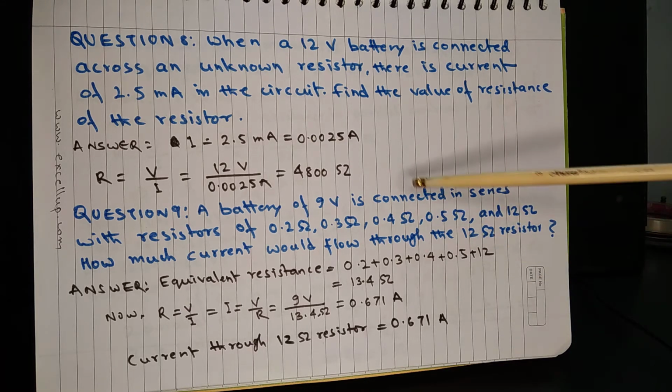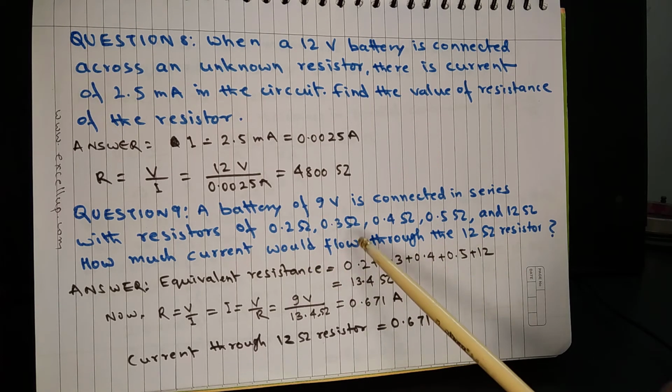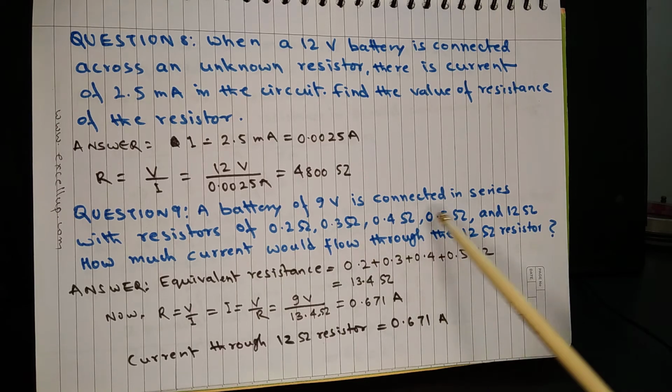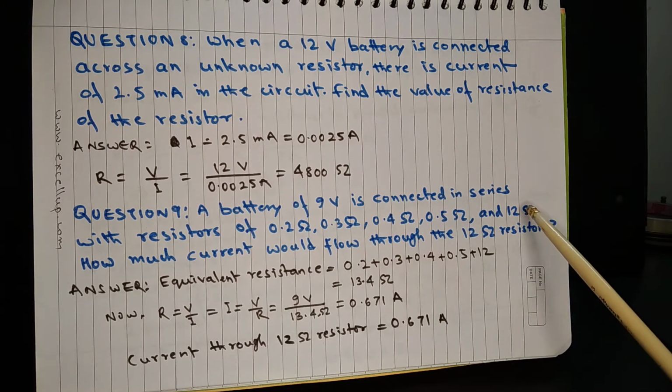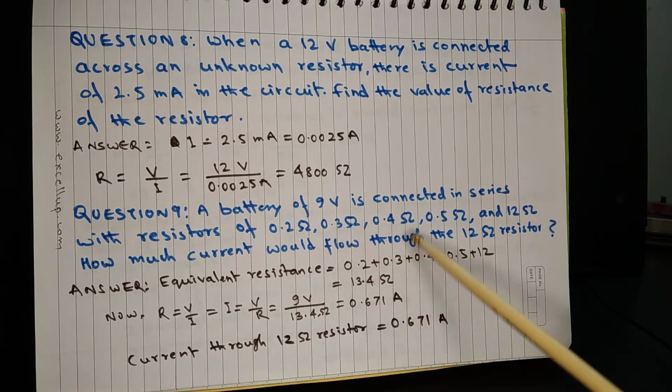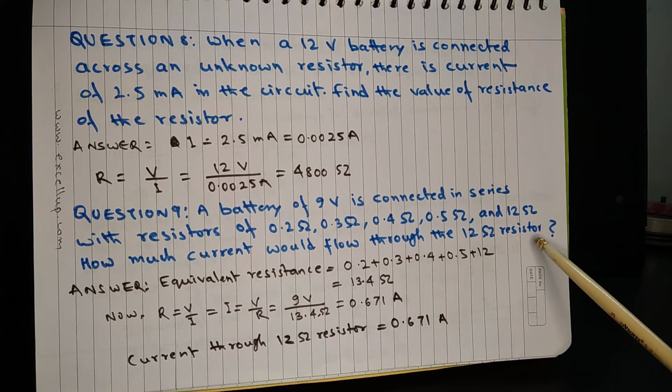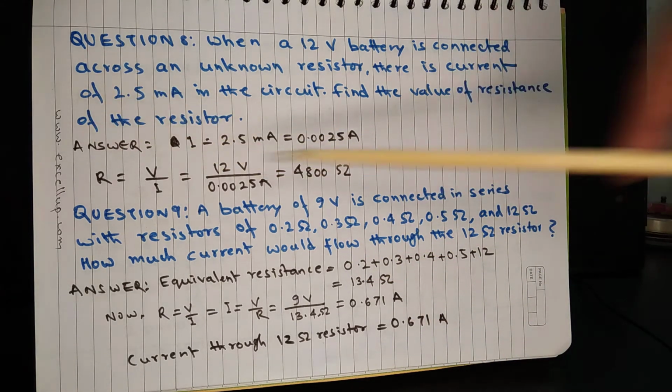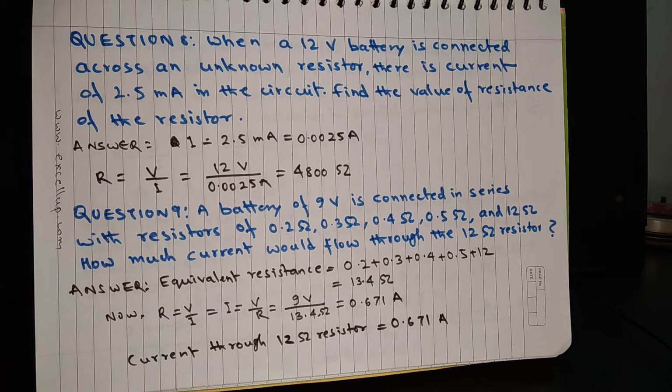Question 9. A battery of 9 volt is connected in series with resistors of 0.2 ohm, 0.3 ohm, 0.4 ohm, 0.5 ohm and 12 ohm. How much current would flow through the 12 ohm resistor? Since this is in series, the equivalent resistance is the sum of these resistances: 0.2 plus 0.3 plus 0.4 plus 0.5 plus 12 is equal to 13.4 ohm.